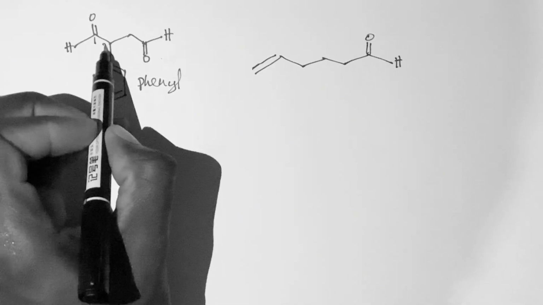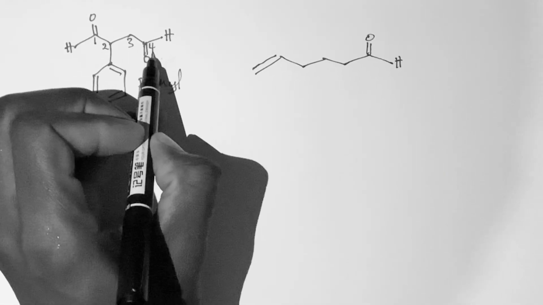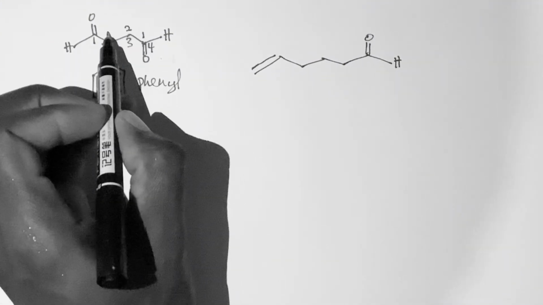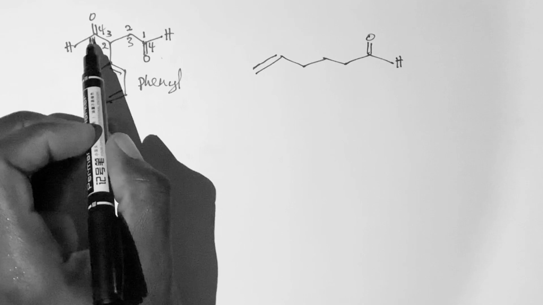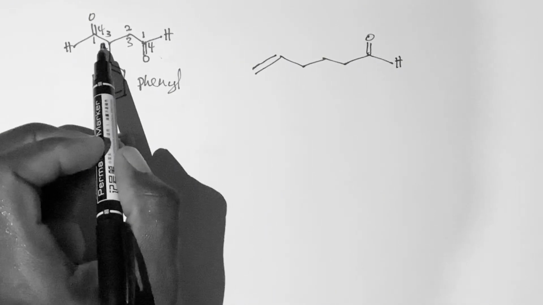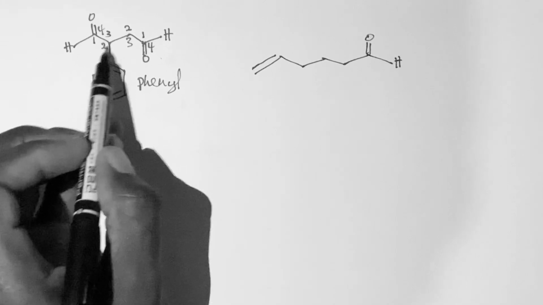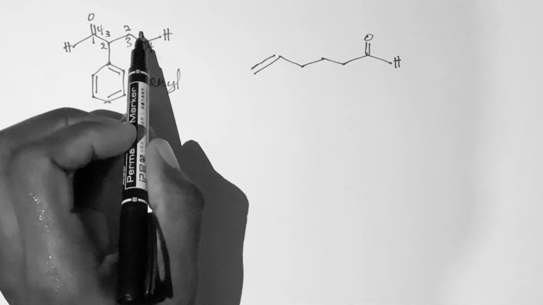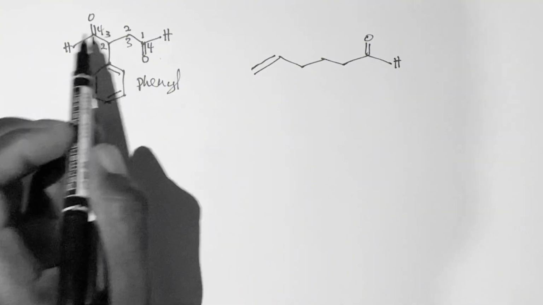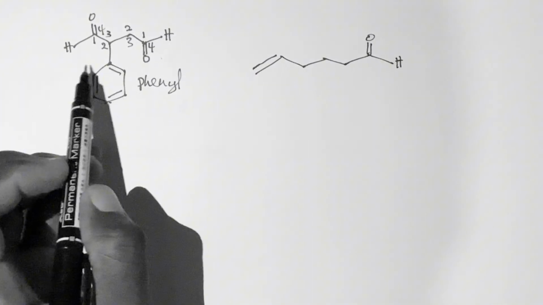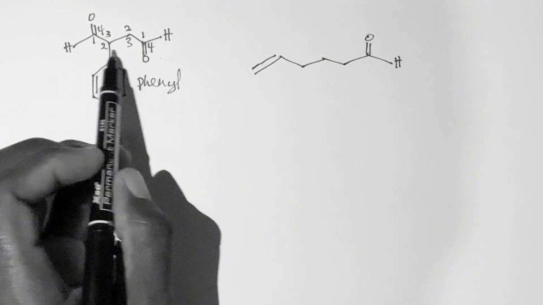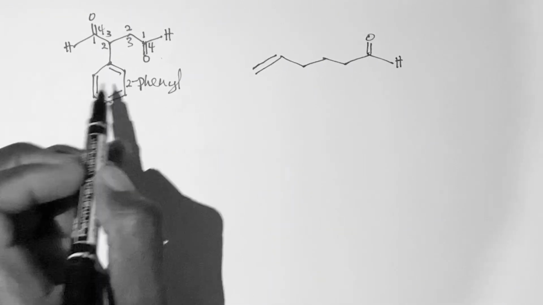So here's 1, 2, 3, and then 4. But we could have also gone the other way around, which is 1, 2, 3, 4. However, the one we did previously is the ideal one, because you see that for that one, the substituent is on carbon number 2. But for the top one, the substituent will be on carbon number 3. 2 is smaller than 3. We always have to do the numbering such that the substituents are on the least number of carbons, and therefore we have a 2-phenyl.